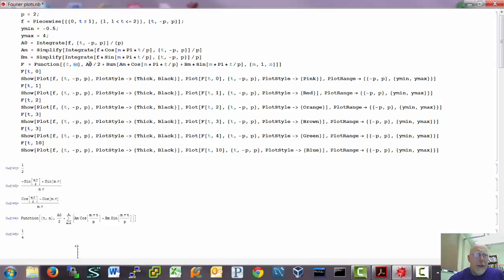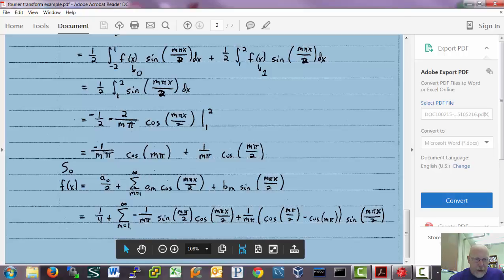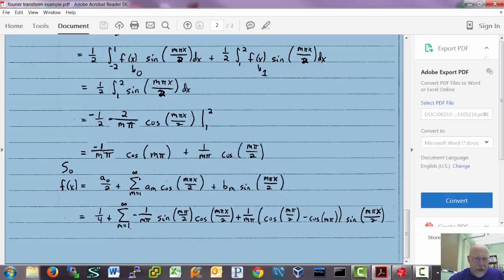And the partial transform is a0 over 2 plus the sum, the coefficient a sub m times the frequency cosine m pi t over p, and then b sub m times the frequency of sine m pi t over p. And then this is just saying I want to sum from 1 up to n. So that's exactly the same formula we had right here. The only difference is m is going up to some number n, which we're going to say is 3, 4, 5, 10, 100, whatever we want.